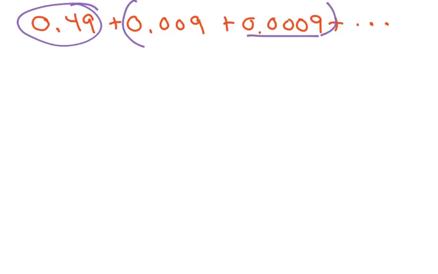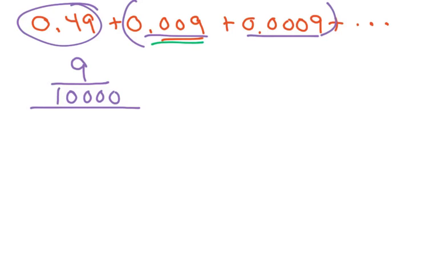You take the current term divided by the previous term: 9 over 4 zeros, 1, 2, 3, 4, divided by 9 over 3 zeros, 1, 2, 3. When you reduce this, we cancel out the 3 zeros, the 9's cancel, and my common ratio is 1 over 10.